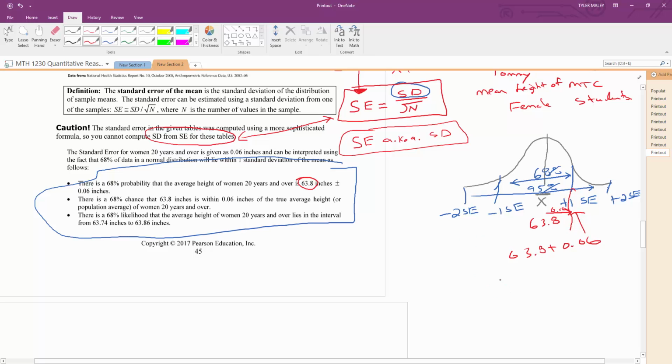Then if I take 63.8 and I minus 0.06, then we'll find this value here. So in our normal distribution, we have 63.8 in the center. This is my x bar.